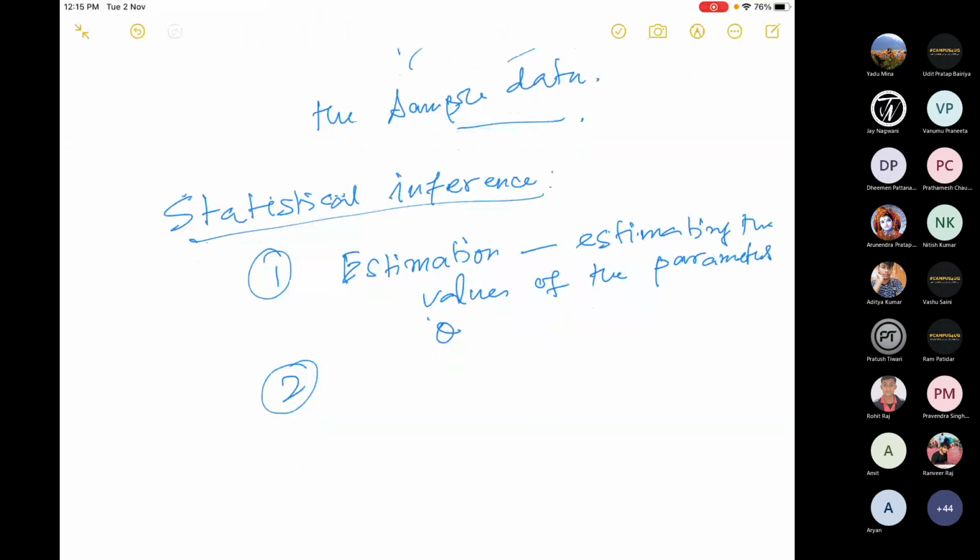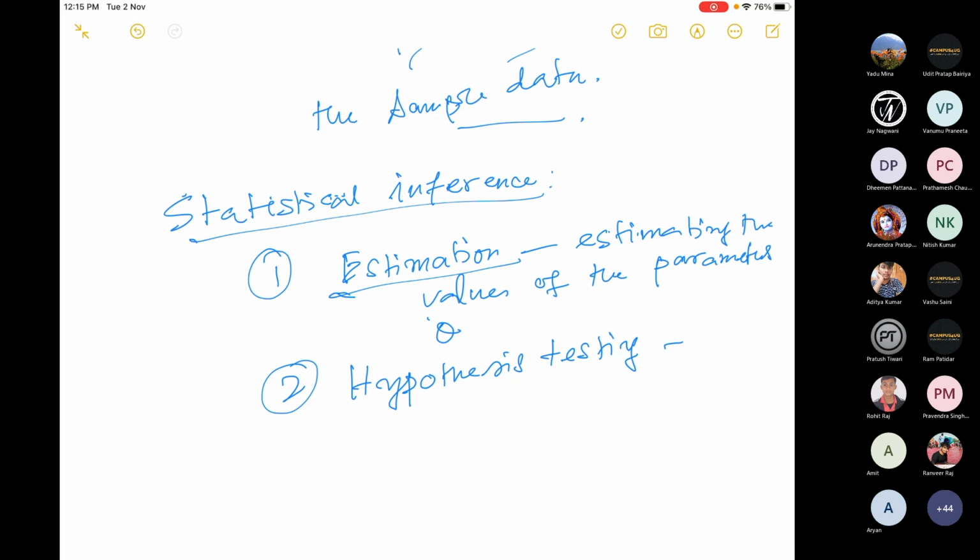Another goal could be hypothesis testing. When I say estimation, suppose we estimate some value of theta, then I also have to judge whether that estimate is good or bad, so that's part of estimation itself.